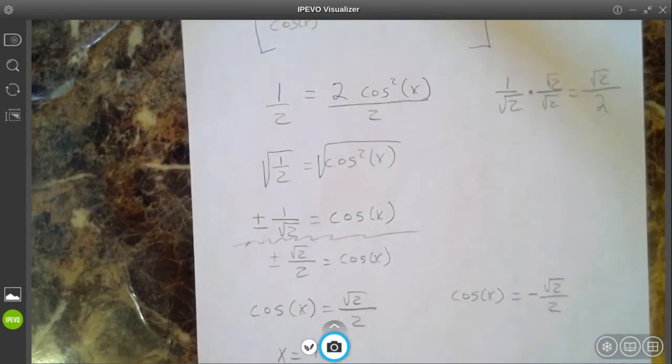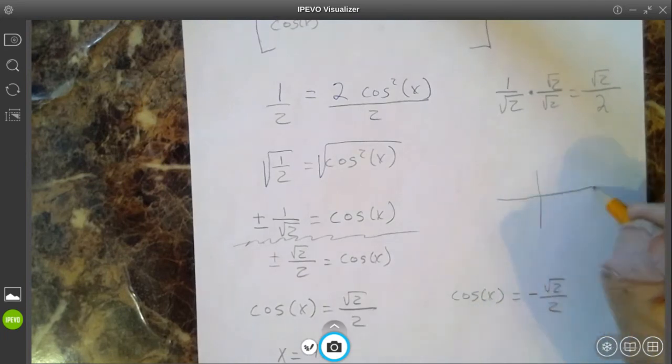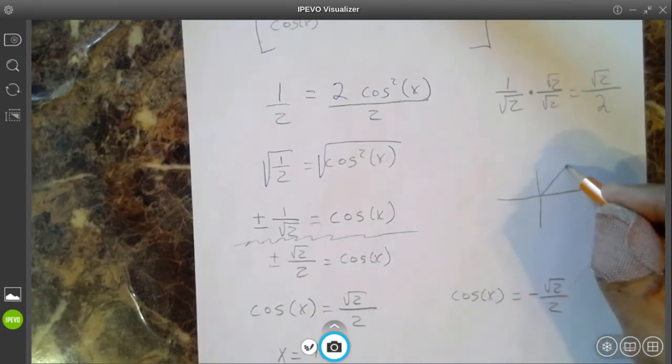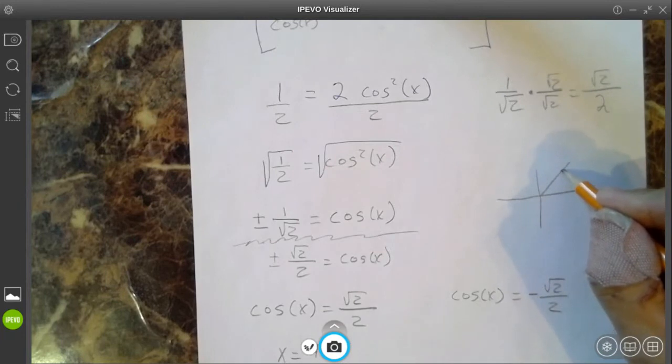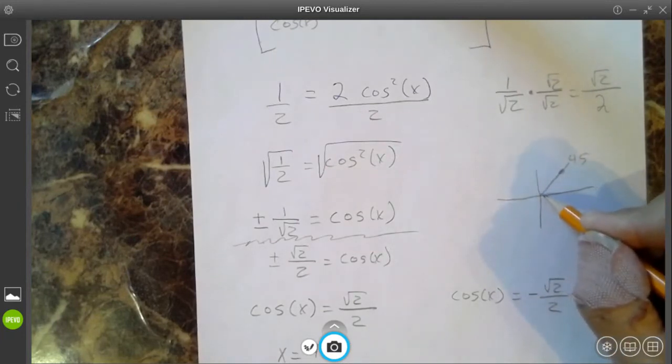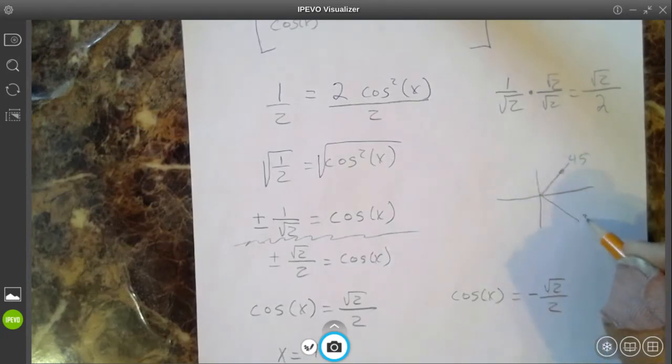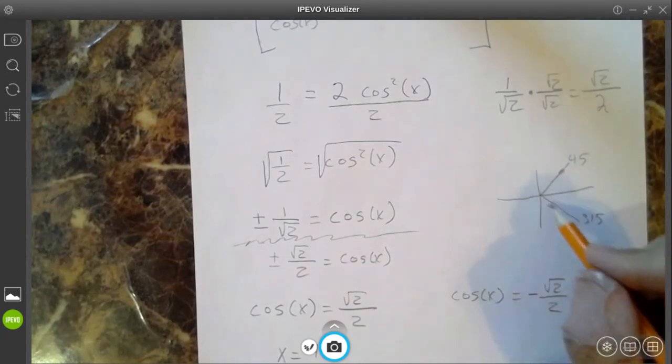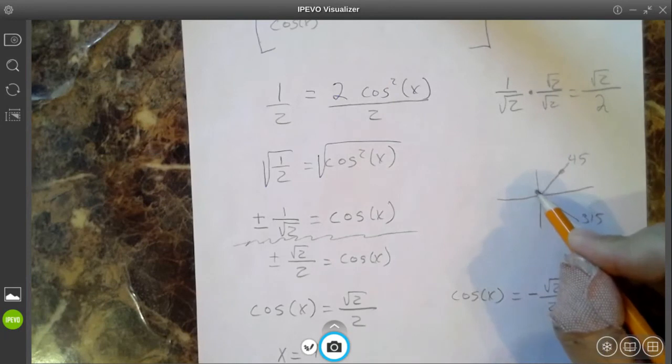And then we also want the 45-degree reference angles that are in quadrants 2 and 3. We already know that cosine is equal to root 2 over 2 in quadrant 1 at the 45-degree angle mark. We already found the 315 one, but we also want the other two.